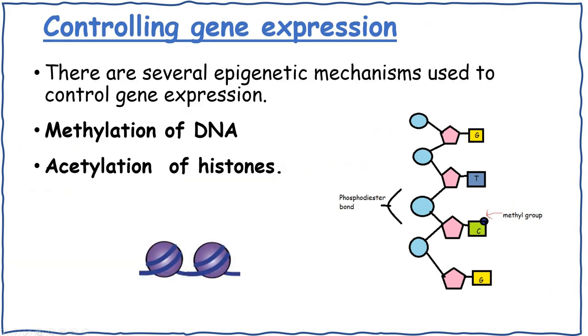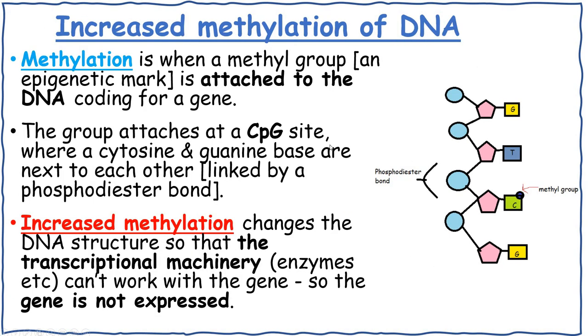So there are several epigenetic mechanisms used to control gene expression. The first is methylation of DNA. The second type you need to know is acetylation of histones. So methylation is where a methyl group, which is a type of epigenetic mark, is attached to the DNA coding for a gene.